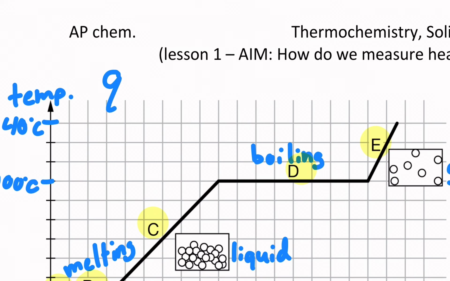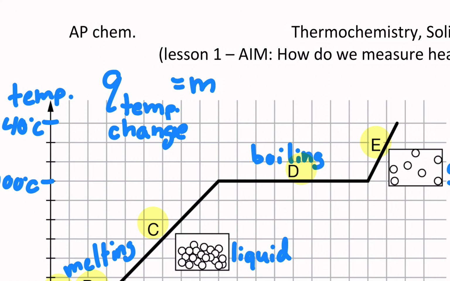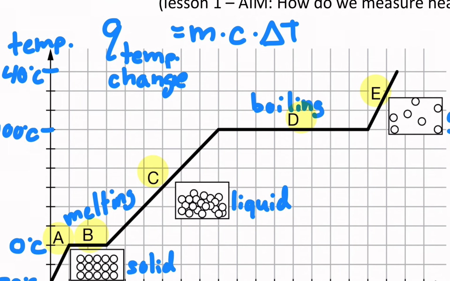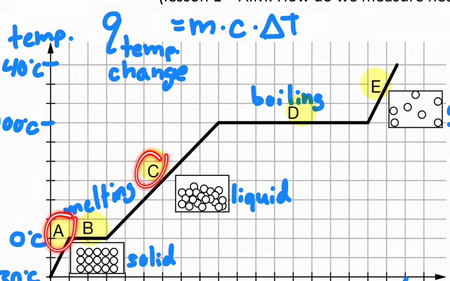There's a heat related to a temperature change, and that's proportional to how much of the substance you have, its mass, what's called the specific heat of the substance, which is a property related to what that substance is. We abbreviate it with C. And then the change in temperature. So the more you change something's temperature, and based on what that substance is and how much of it you have, tells us how much heat is related. That's 3 of those sections. That would be A and C and E.